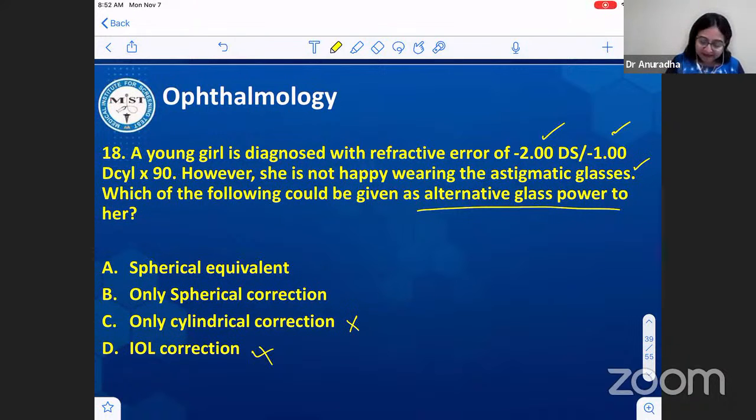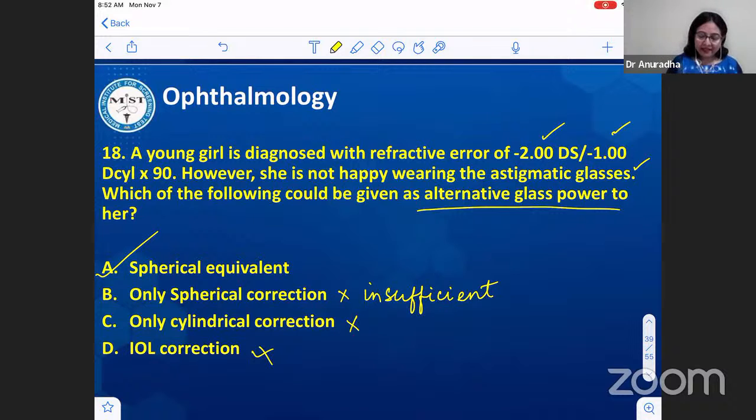If I give only spherical correction, that will be insufficient because you are not correcting her refractive error completely. So the option here is to give the spherical equivalent of her glasses.